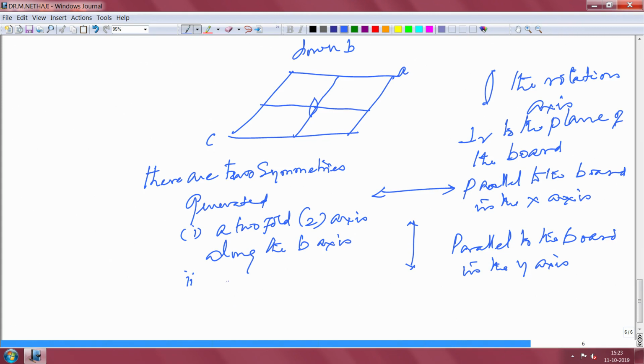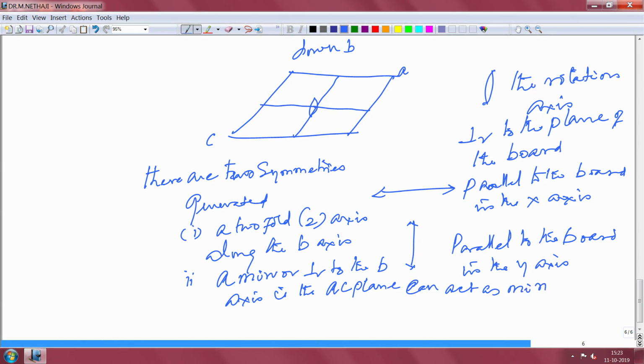Two, a mirror perpendicular to the B axis, that is, the AC plane can act as a mirror plane.